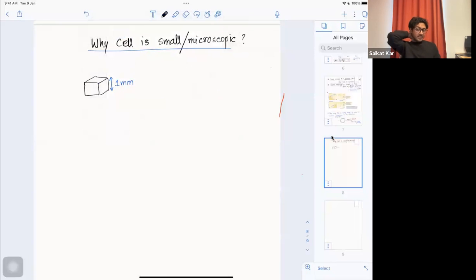First you need to understand the surface area of a cell. Yes, very good. So the ratio of cell surface area and volume. This is actually the most basic, most fundamental answer. So the surface area is what?